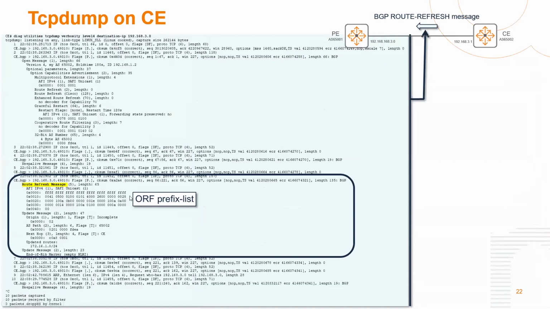Clearly this is the ORF prefix list, with the marker for starting, and then the information about the prefix list in hexadecimal. You still cannot decode very well the associated IP format value of the prefix list, but it gives you a quite good hint of whether it is empty or not. That's what I mean.